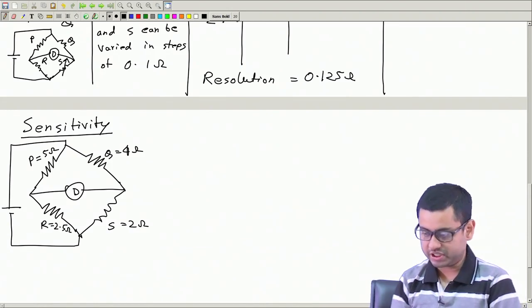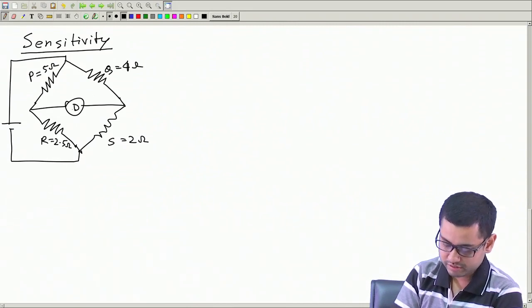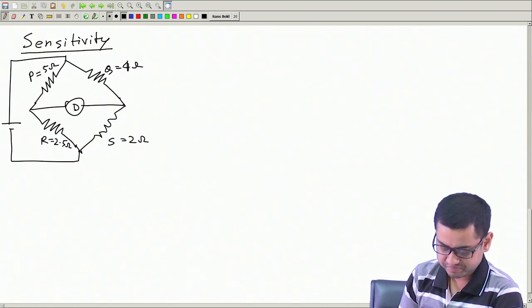Now, under this situation there is no deflection at all, because the voltage here is the same as the voltage here.